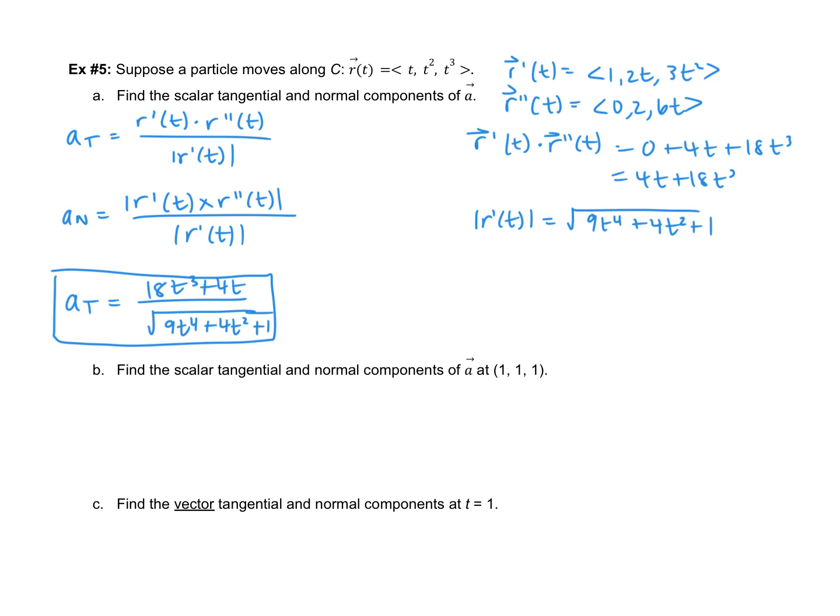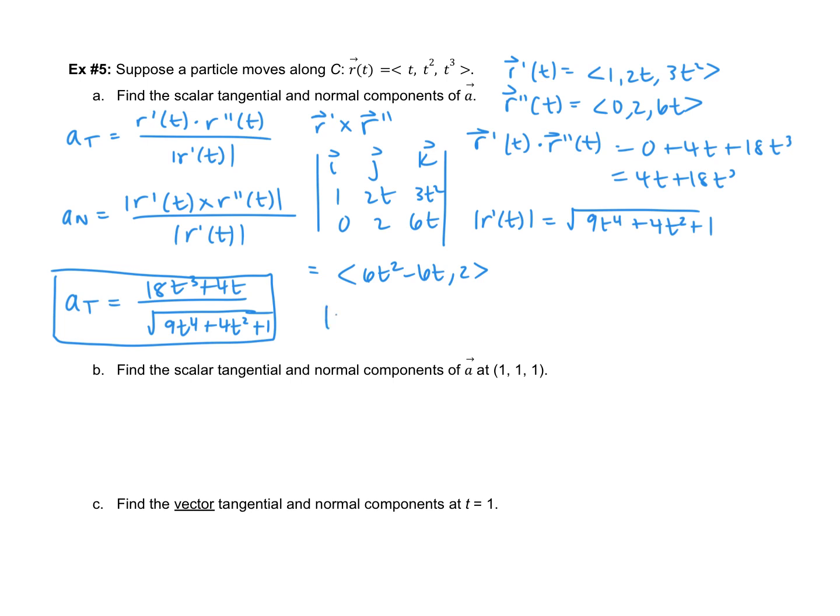So we're going to have to cross these two vectors. I didn't really organize my work very well, but sorry. So this is going to be r prime crossed with r double prime. If you trust me, I will tell you that this ends up being 6t squared, negative 6t, 2.